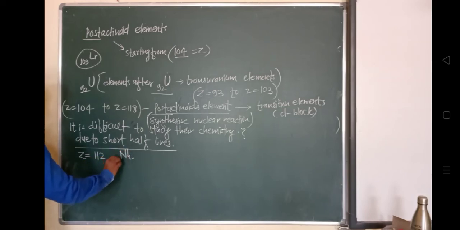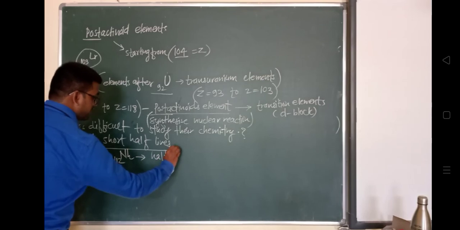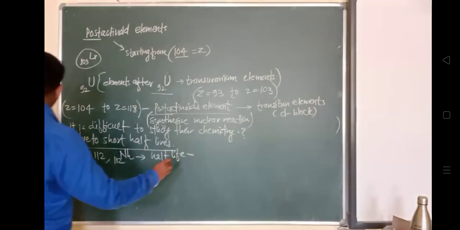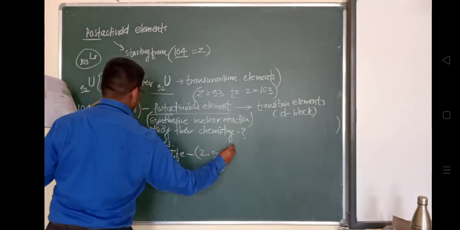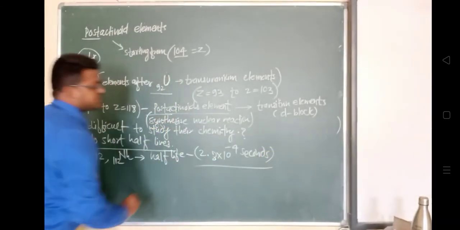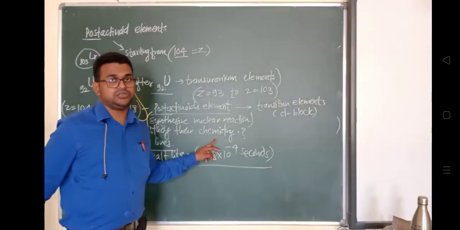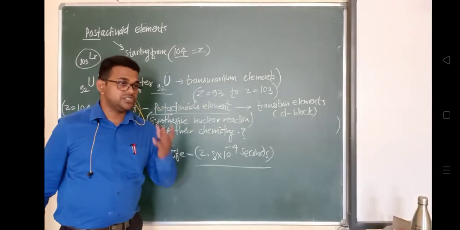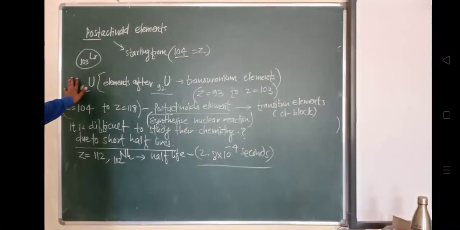This is nihonium, and nihonium has a very short half-life of around 2.8 into 10 raised to minus 4 seconds. With half-lives of milliseconds only, little is known about the chemistry of these elements.